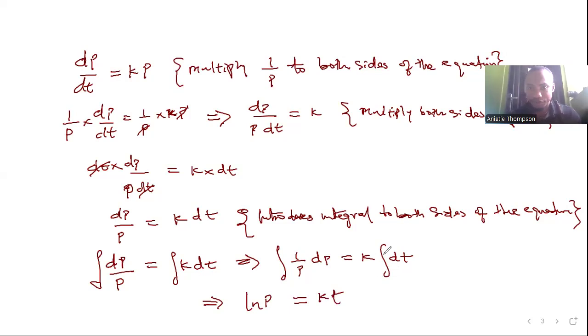Since there is no limit to this integral, we put plus c here. This plus c is an arbitrary constant, if you are familiar with integration. So what we have is ln of p equals kt plus c.